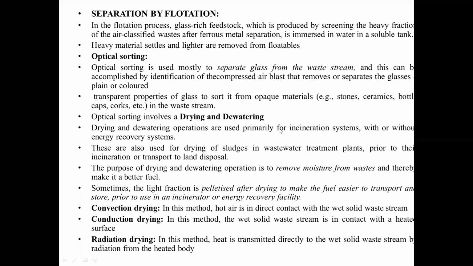In this, heat is directly transmitted to the wet waste by radiation from heated bodies, or by placing the waste upon surfaces where the heat can be directly transferred. You heat the container so that heat is directly transmitted when the waste comes in contact with the surfaces, and the removal of water or moisture from the waste takes place.